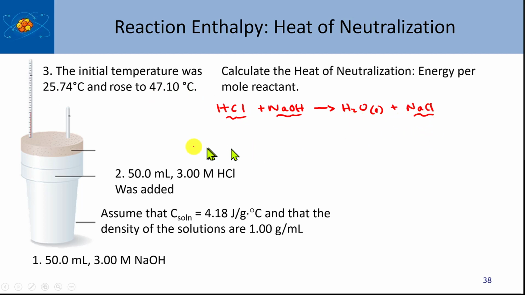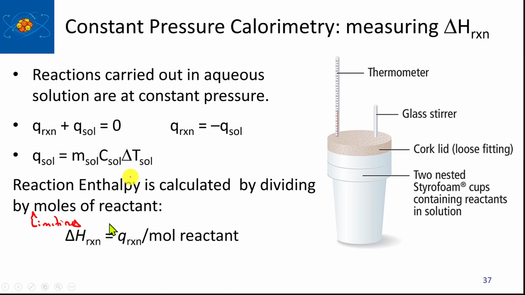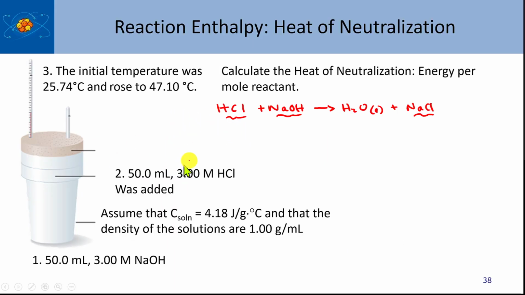So let's first calculate the energy for this reaction. We're going to do sort of this part here. We're going to calculate the energy of the reaction by assuming that the reaction is equal to the opposite of the energy of the solution, and then we calculate the solution energy. So I can write Q is equal to mc delta T. So m will be the mass of these two solutions together.